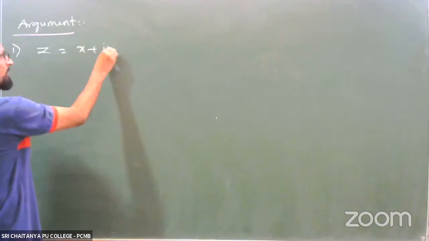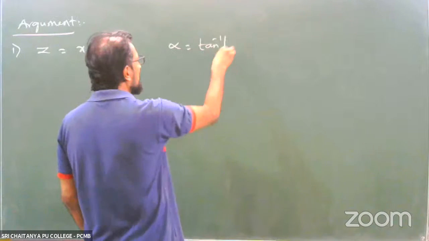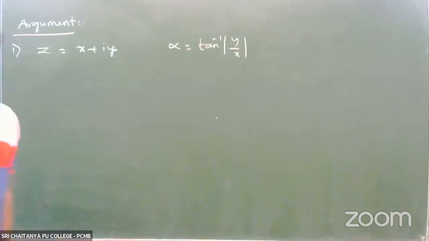If z is equal to x plus iy is a complex number, then the principal value of z is given by alpha is equal to tan inverse of mod of y by x, which is nothing but the amplitude of z, and it is represented by theta.